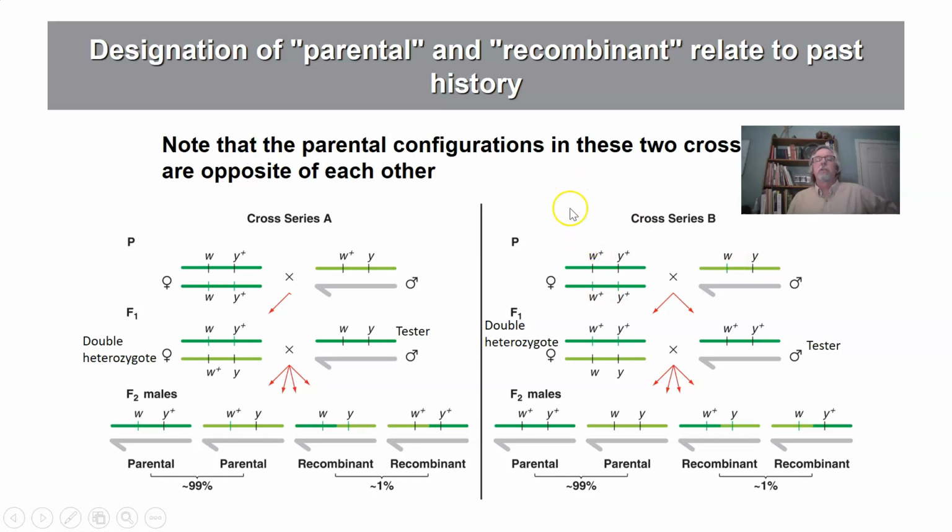If you want to test for linkage of the W and Y gene, you can start with a parental generation in which the females are pure breeding for the wild type allele. Males are mutant at both genes. You will generate an F1 double heterozygote, right? Heterozygous at both genes.